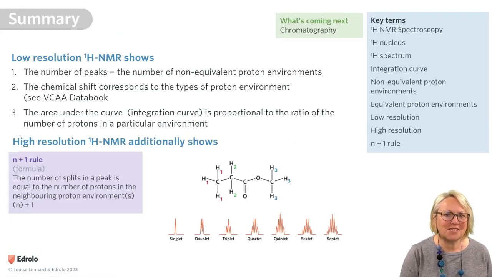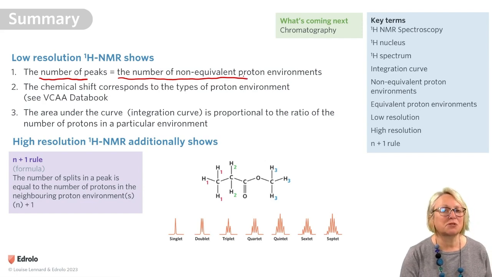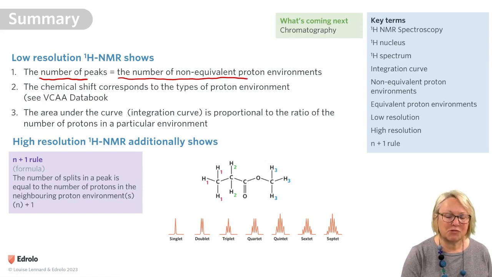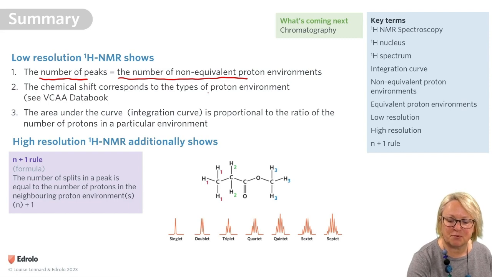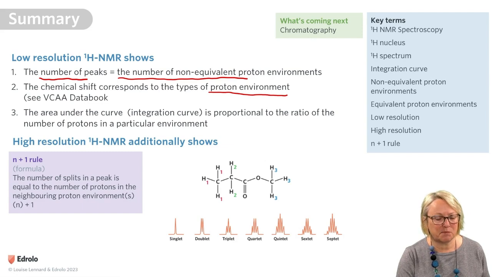Okay, let's summarise what we've learnt, and we've learnt a lot in this lesson. So low resolution proton NMR shows the number of peaks is the number of non-equivalent proton environments, excluding TMS. The chemical shift corresponds to the types of proton environments, and for that you refer to the VCE data book.